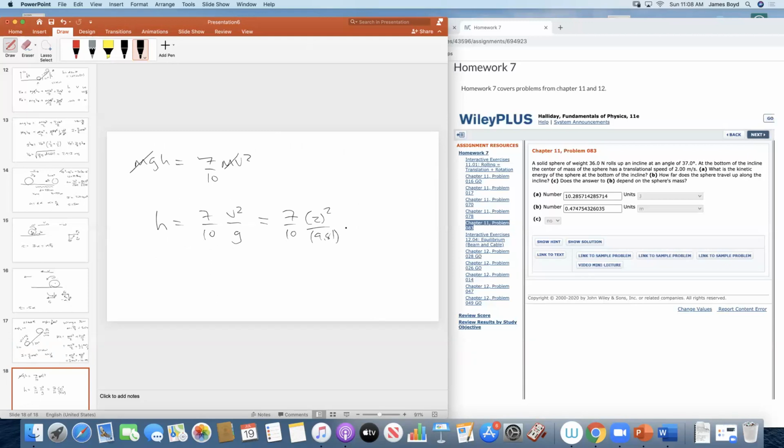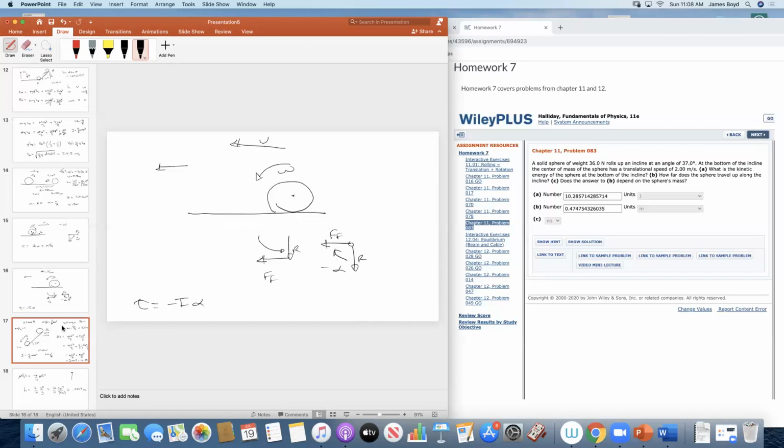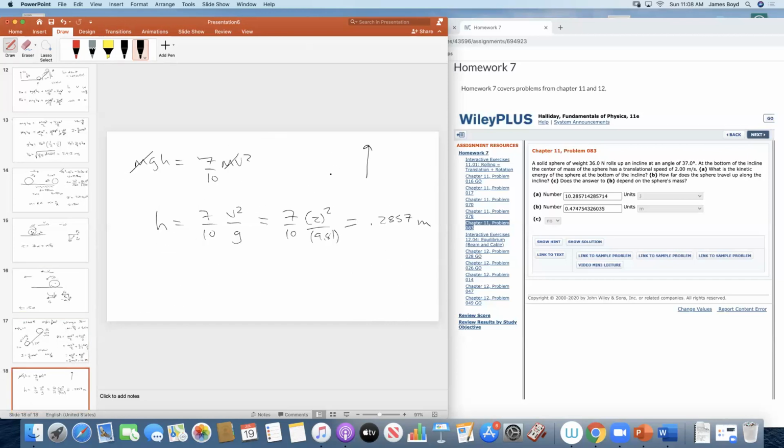They want to know the distance though, so we're going to have to do one other thing. So 7/10 times 4 divided by 9.8, I get 0.2857 meters.